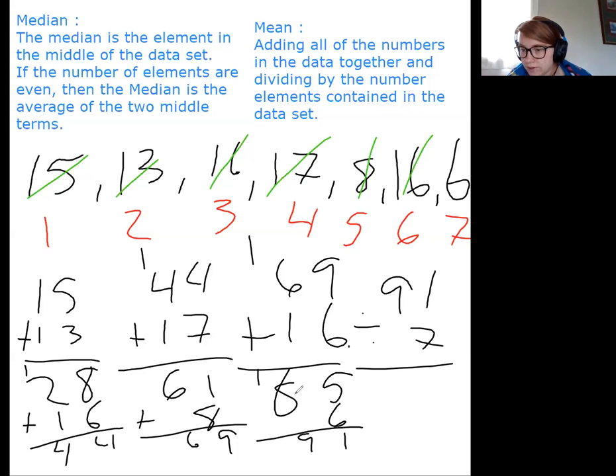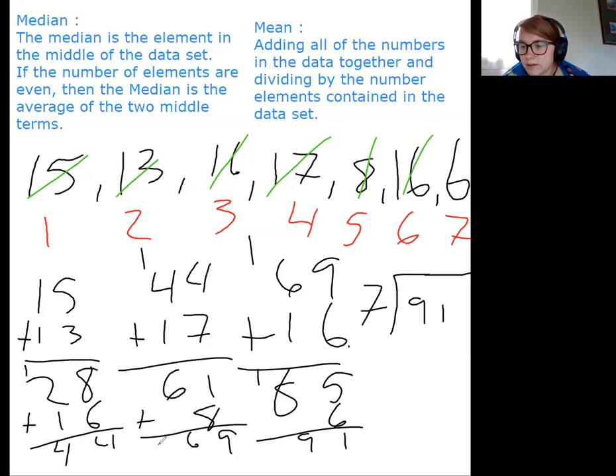So 91 divided by 7. 7 goes into 9 one time. 7 times 1 is 7. 9 minus 7 is 2.